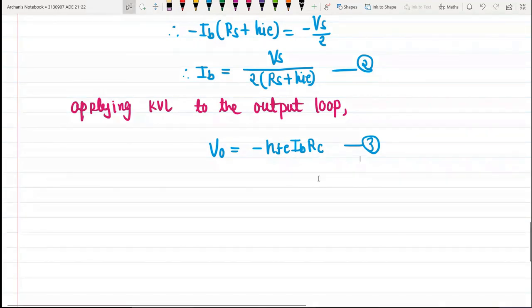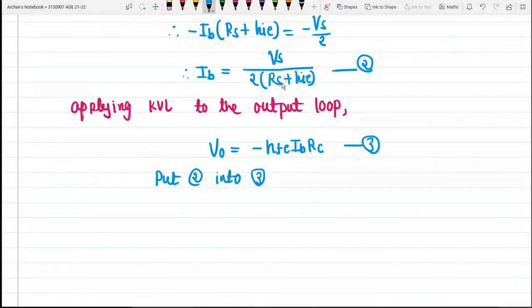Okay, so we have this equation number 3 where we have the value of IB. As per equation number 2, we have the value of IB is equal to Vs by 2 times RS plus HIE. So let us put equation number 2 into equation number 3.